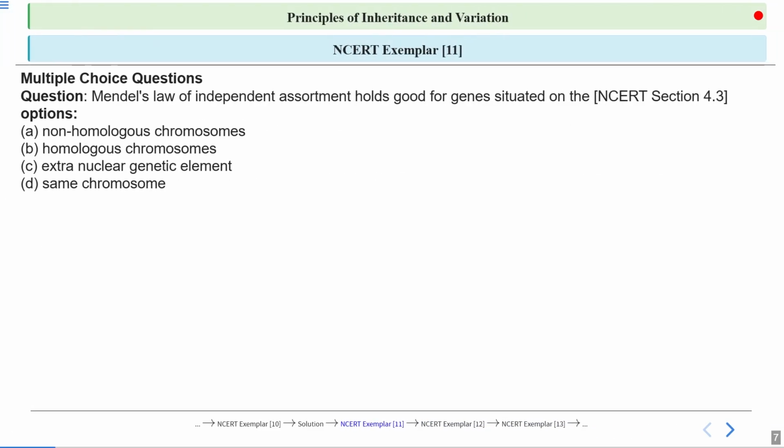Next question: Mendel's law of independent assortment holds good for genes situated on. So when is Mendel's law of independent assortment valid? When the genes are situated on: option A, non-homologous chromosome; option B, homologous chromosome; option C, extranuclear genetic material; and option D, same chromosome.